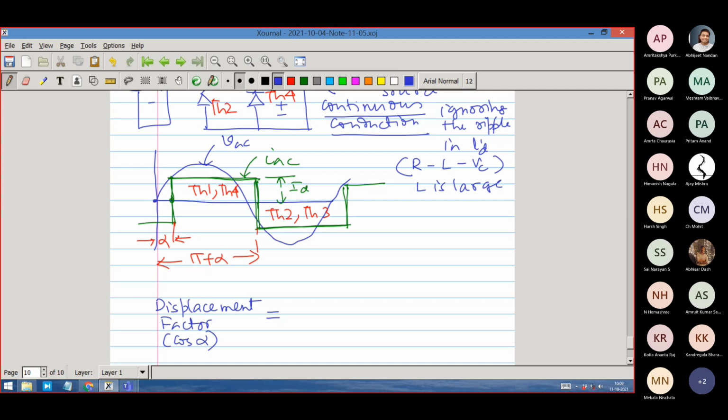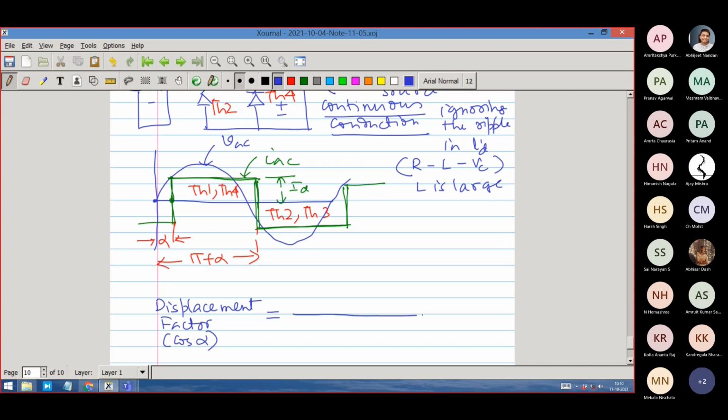The voltage waveform is sinusoidal, but the AC current waveform is not sinusoidal. That is the observation we make. After making the observation, we bring out this displacement factor, which brings in the factor alpha in the form of a cosine function, cos alpha.